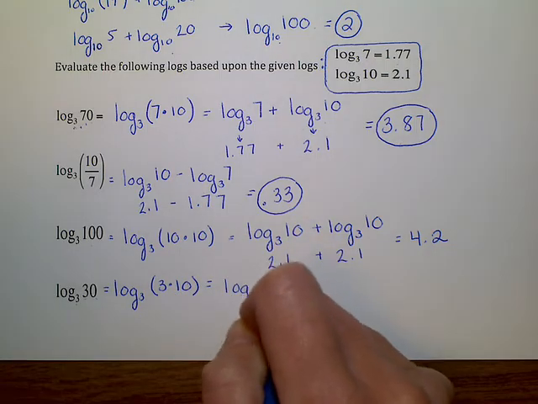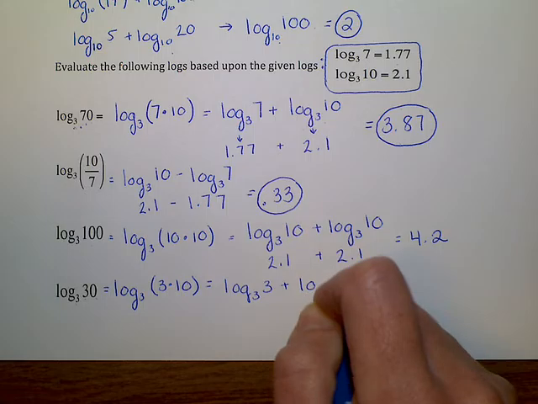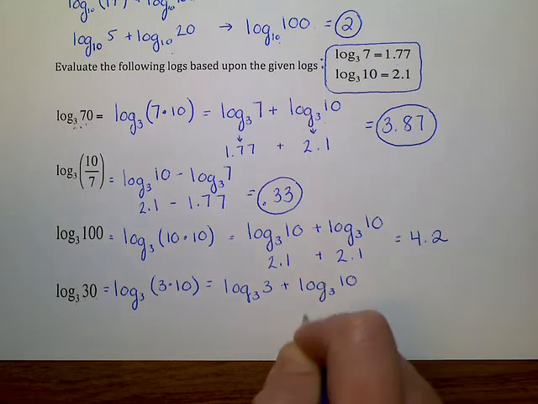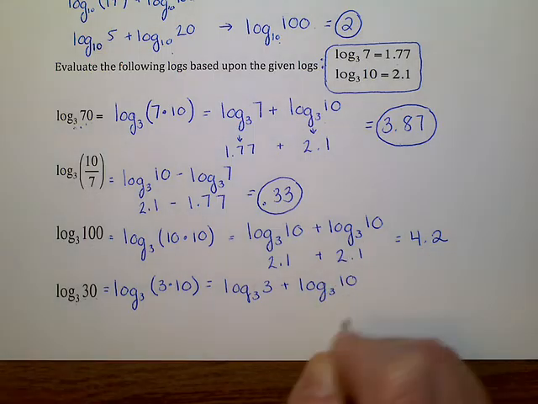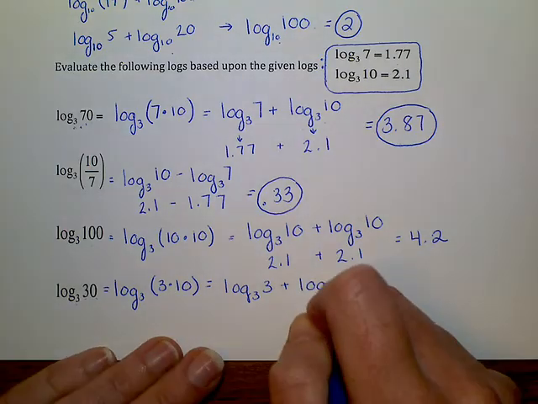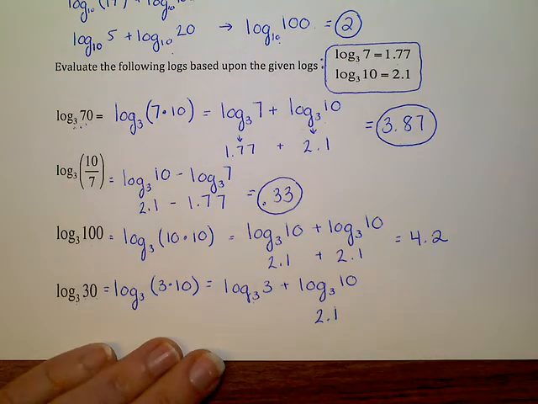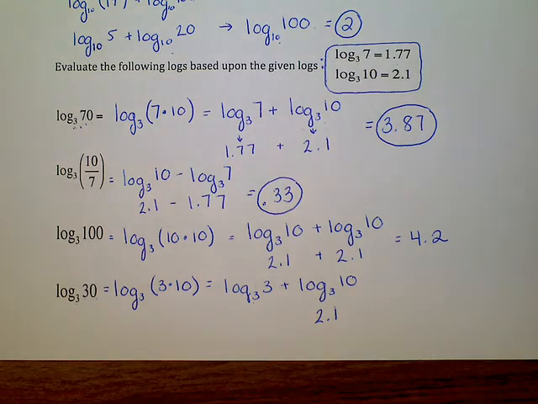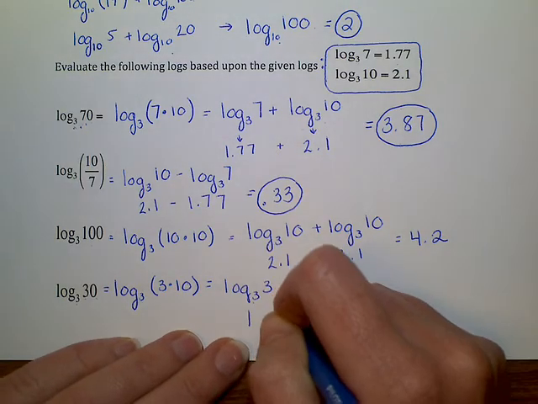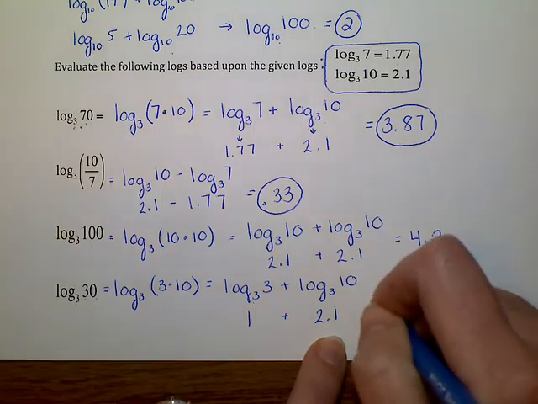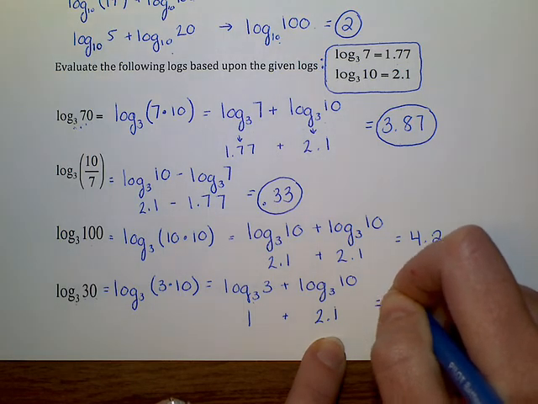Log base 3 of 3 plus a log base 3 of 10. Well, log base 3 of 10 is something that's given to me. That's 2.1. Log base 3 of 3, that's something that I just know. That's just equal to 1. So 1 plus 2.1 is 3.1.